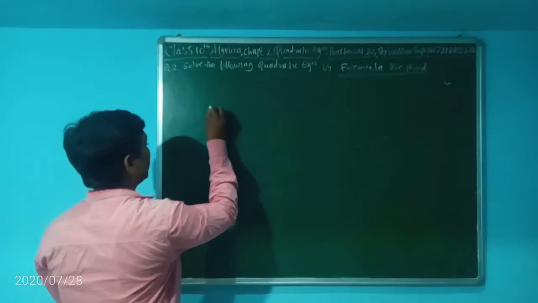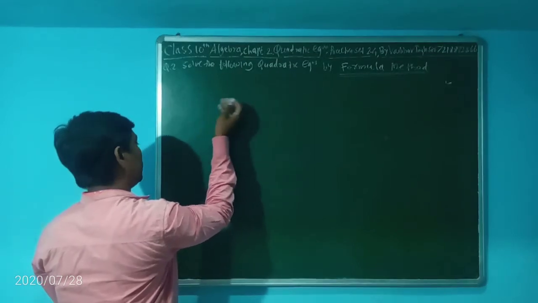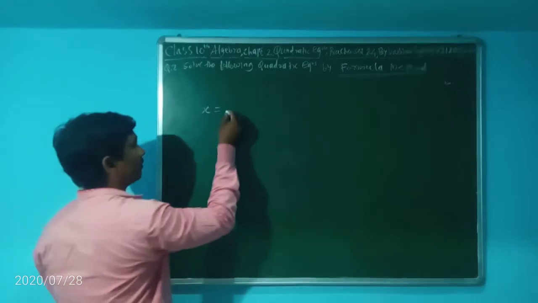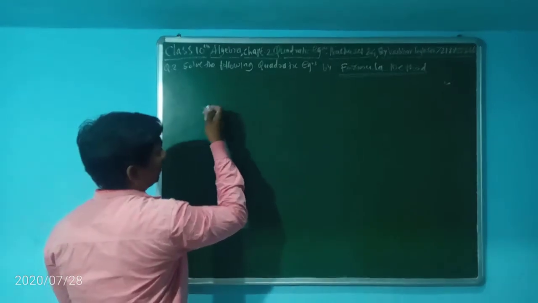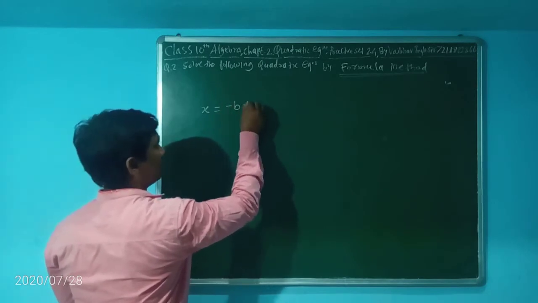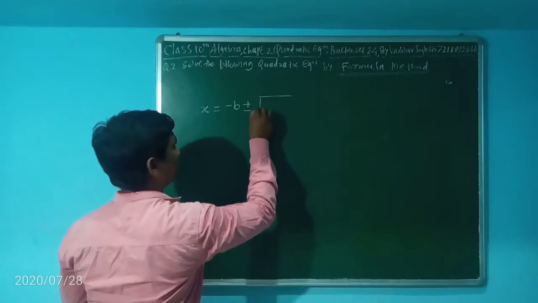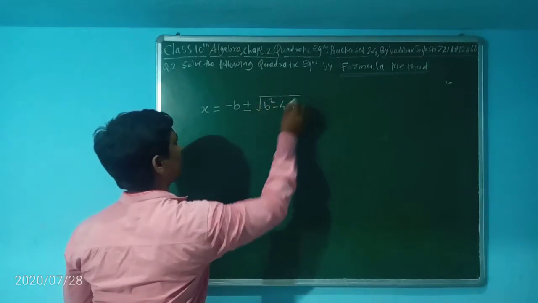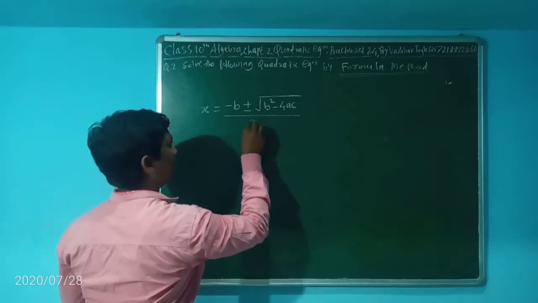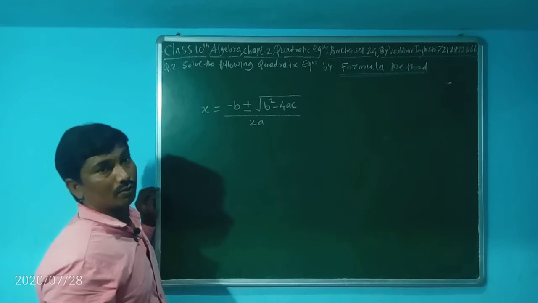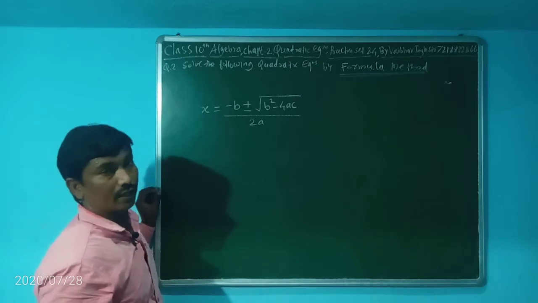If the quadratic equation is in the variable x, then x, that is the root of the quadratic equation, equals minus b plus minus under root b square minus 4ac, divided by 2a. This is the formula to find the roots of the given quadratic equation.